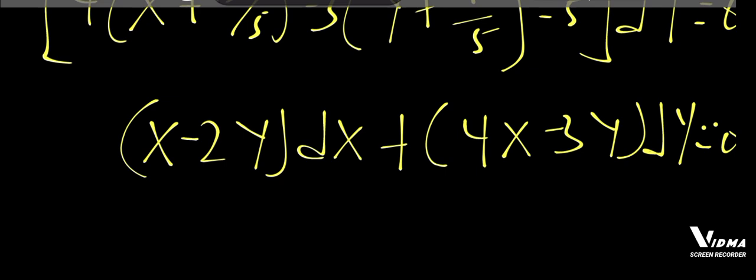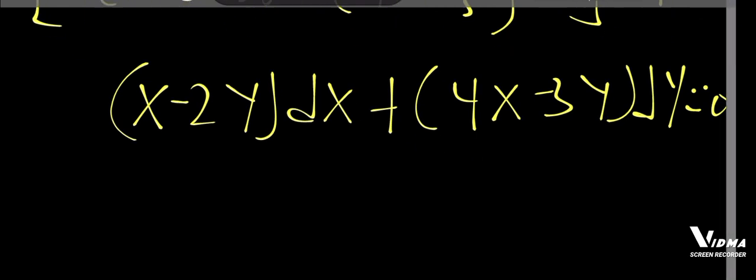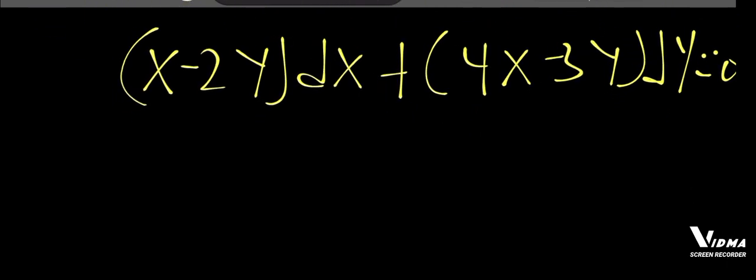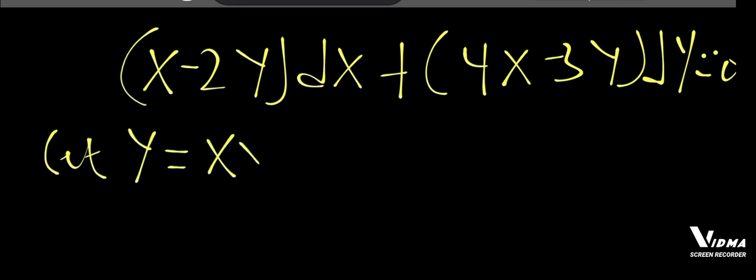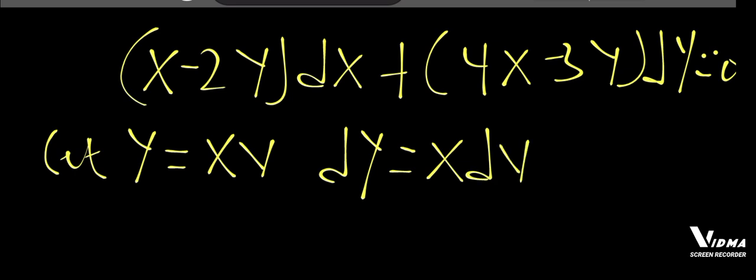Okay. And after that, you can change it into separable. So here we've made it homogeneous. So now we can make it separable by letting capital Y be capital X times v. And we make dy, capital dY, equal to x dv plus v dx.